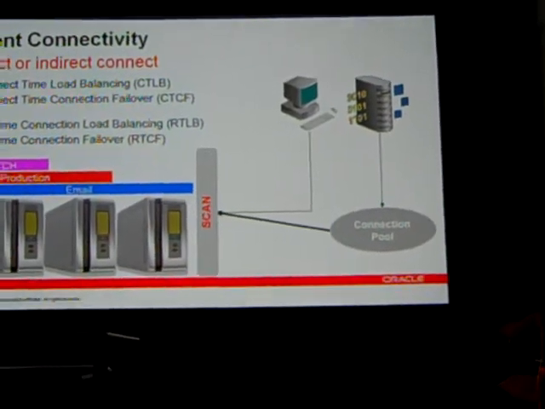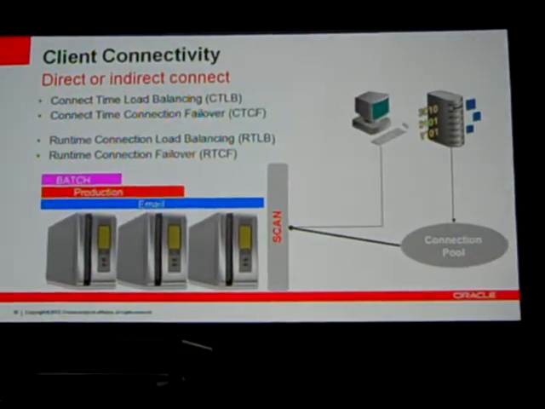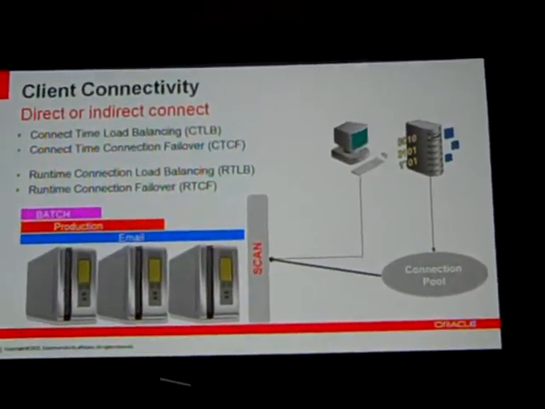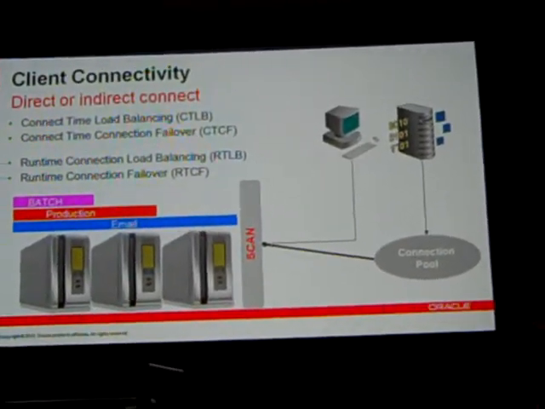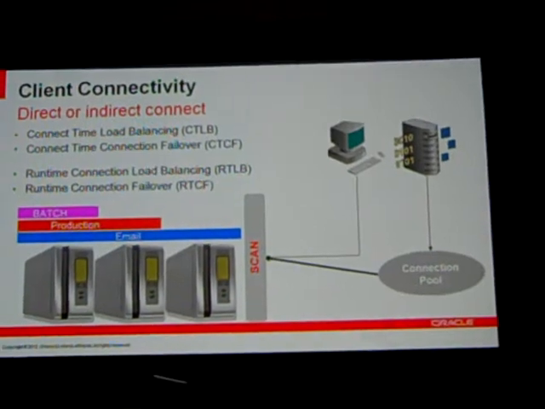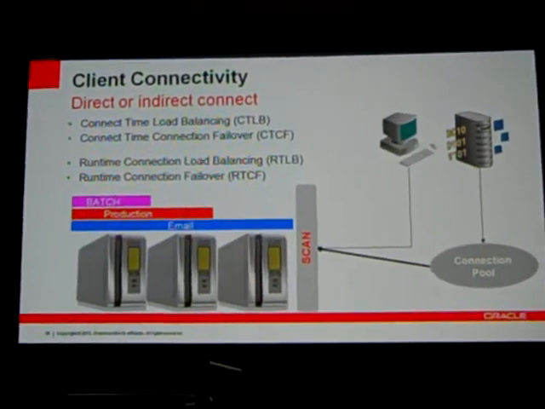However, no matter whether you do the one or the other, the connectivity issues that you have to consider are four. Well, actually, two connectivity issues and two load balancing issues. At the moment you try to connect, you need to think about connect time load balancing and connect time connection failover. What that means is very simple.